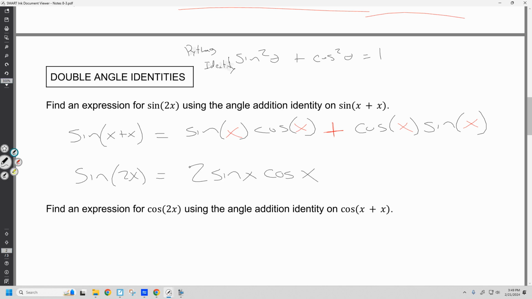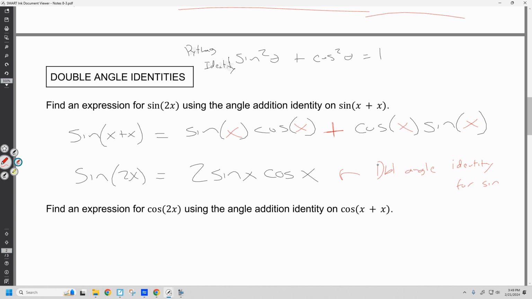Thank you, Shafia. This is called a double angle identity for sine. Sine 2x is equivalent to 2 sine x cosine x.